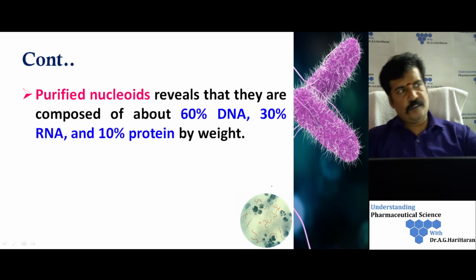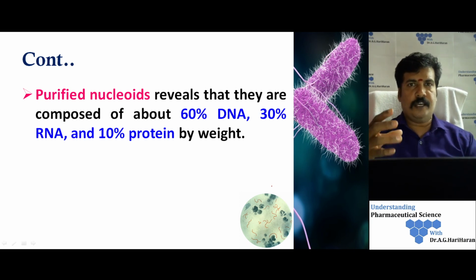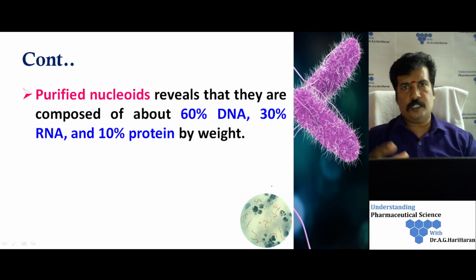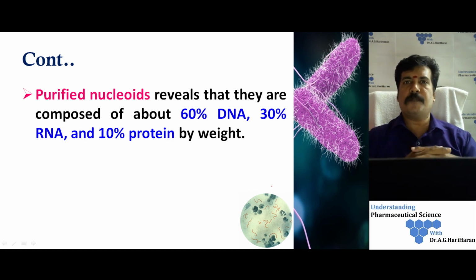So if you isolate this nucleotide and study its chemical nature, it generally carries around 60% DNA, 30% RNA and 10% protein by weight. Why does it carry these three different things? Prokaryotes have a short doubling time, meaning a single cell can divide into two cells within around 15 to 20 minutes.